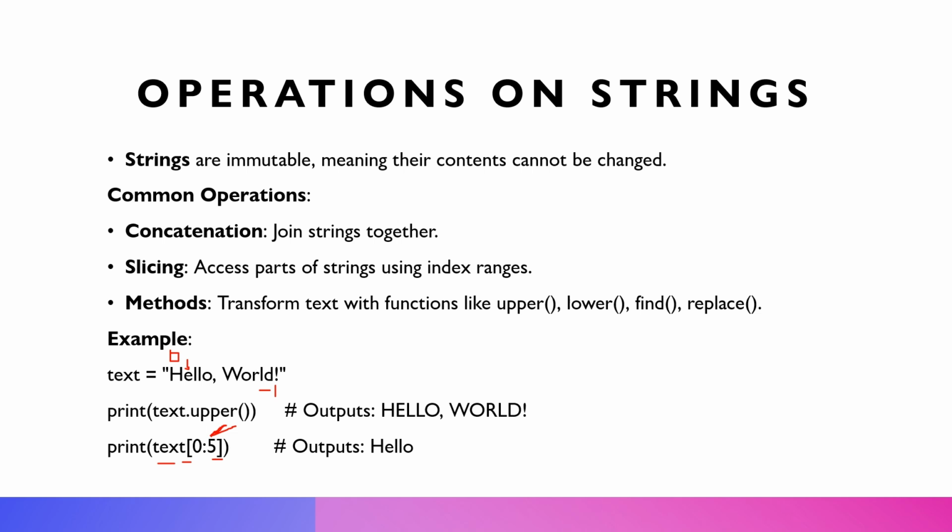Python also supports negative indexing where -1 represents the last element and -2 represents the second last element, in this case D. In this example, we are extracting characters from index 0 to 4. That means H is index 0, E is index 1, L is index 2, another L is index 3, and finally O is at index 4. If we print this, we get the output hello.